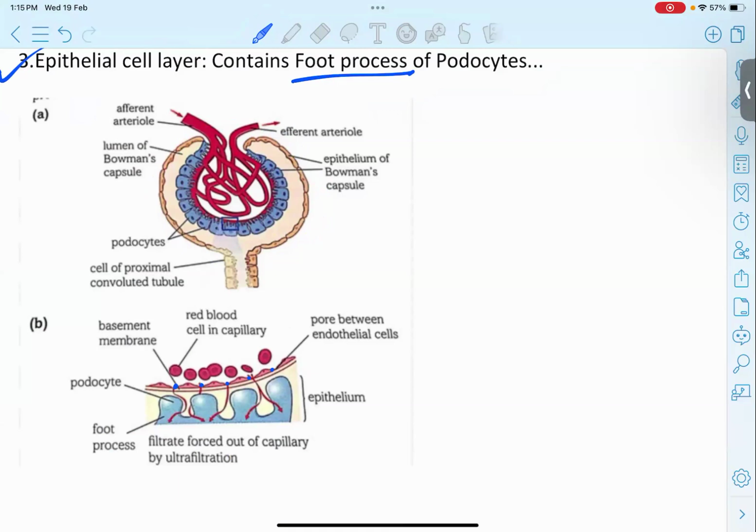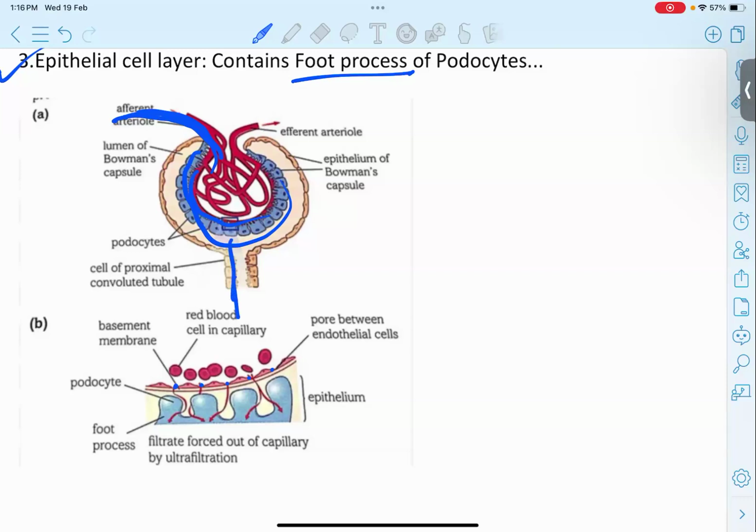Through the afferent arteriole, blood will enter and bring some plasma, and through the Bowman's capsule we will filter this plasma, and this plasma will enter into the Bowman space.